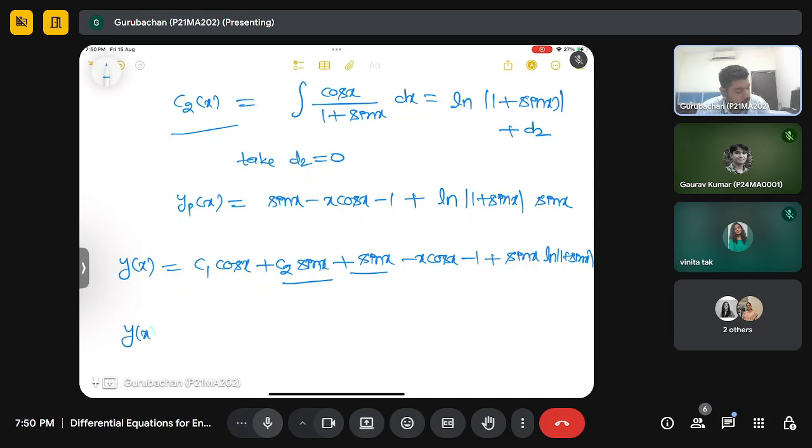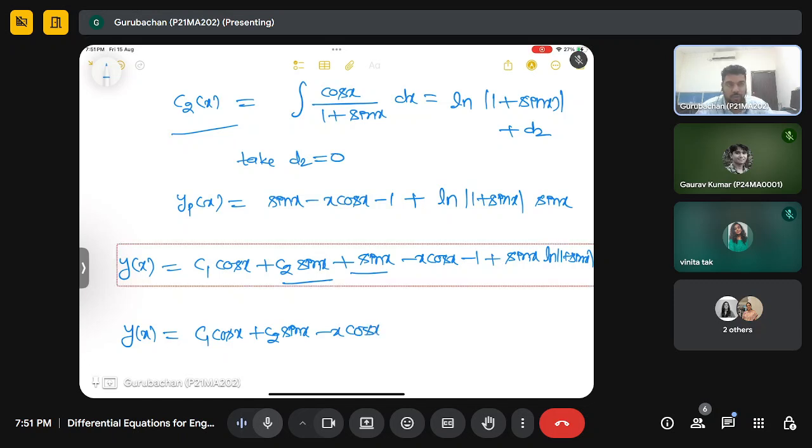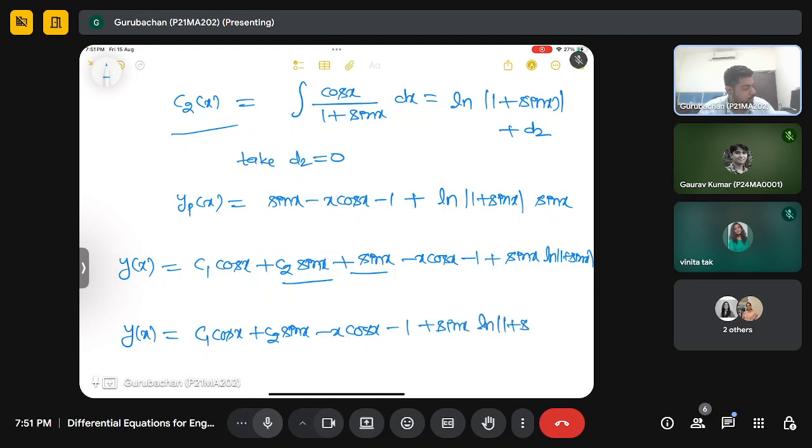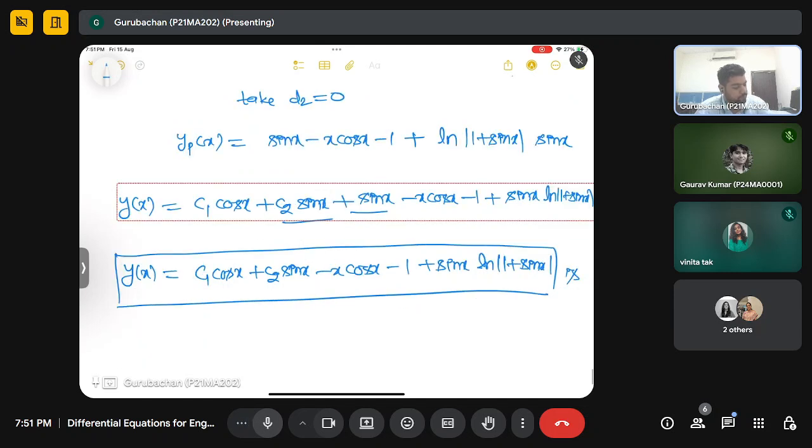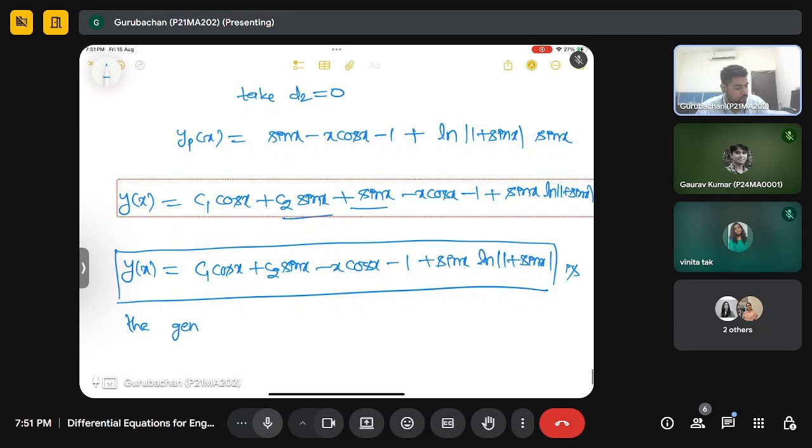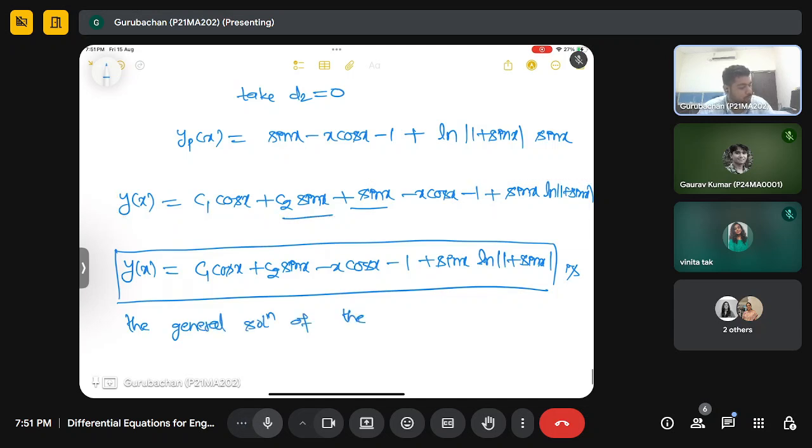So your general solution will be simplified in the form of c1 cos x plus c2 sin x minus x cos x. You cannot combine this since it contains x, plus sin x ln mod of 1 plus sin x. This is the general solution of the given differential equation.